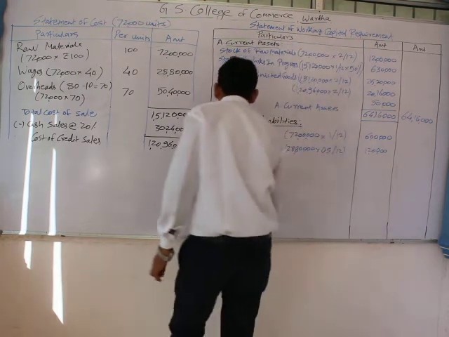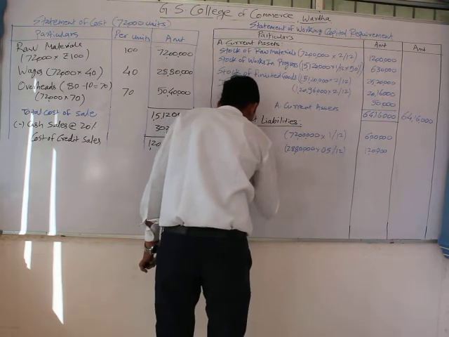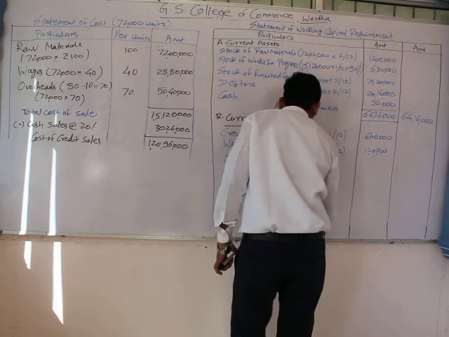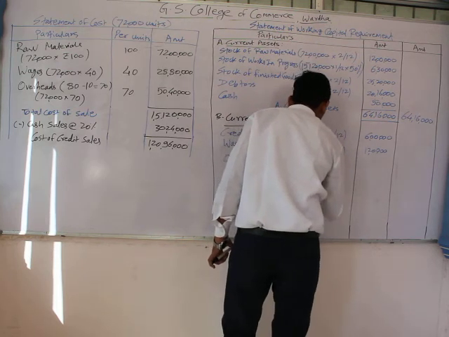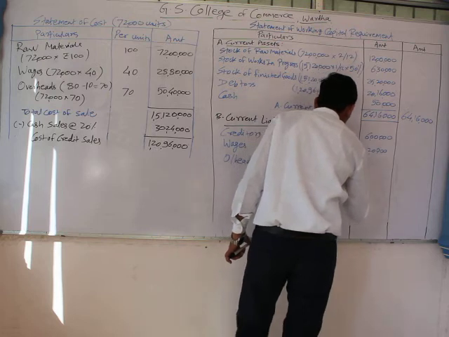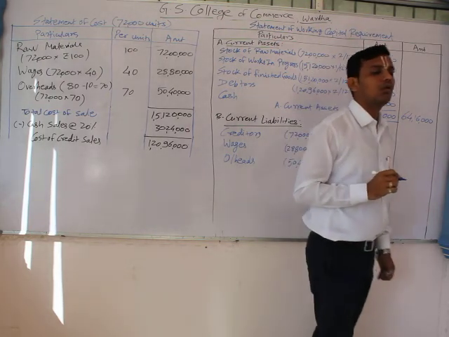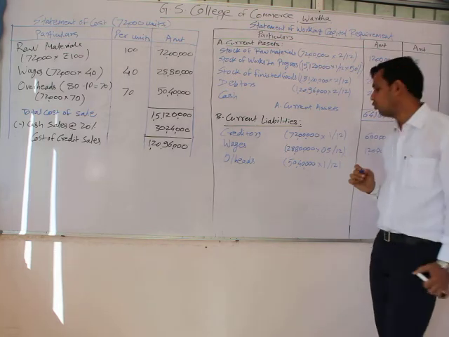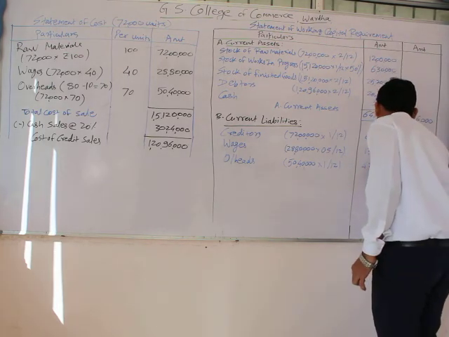Third thing would be related to the overheads. The amount of overheads is 50,40,000, as we can see in our working note, and the credit period for the overhead is 1 month, so the amount would be 4,20,000.